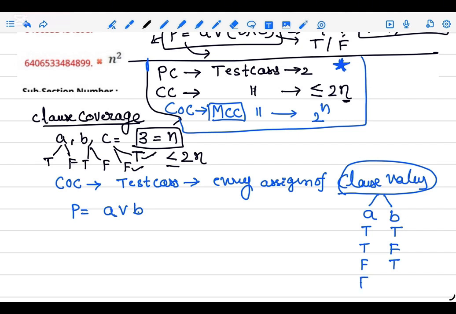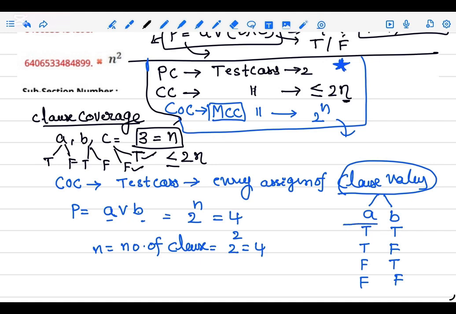A is false, B is false. According to the formula 2 power n, where n represents the number of clauses, here two clauses, A and B, that is 2 power 2, that is 4.